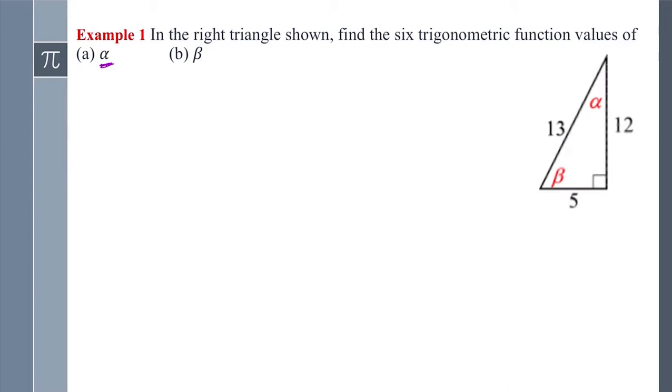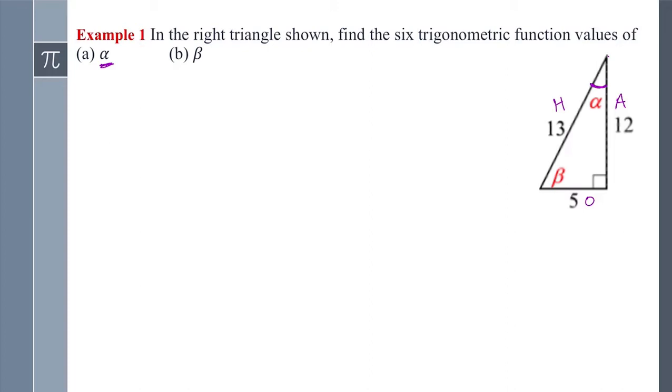If you are looking at angle alpha, the opposite side is 5, because that's opposite from that angle. The side opposite the right angle is obviously the hypotenuse. And the side attached to that angle that is not the hypotenuse is the adjacent side. So we have O, A, and H.